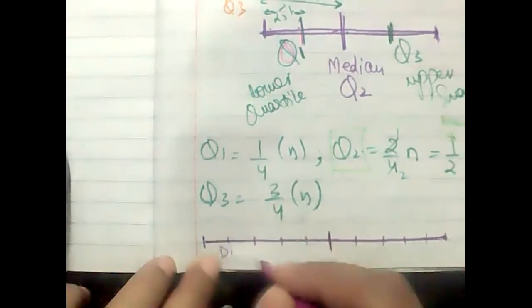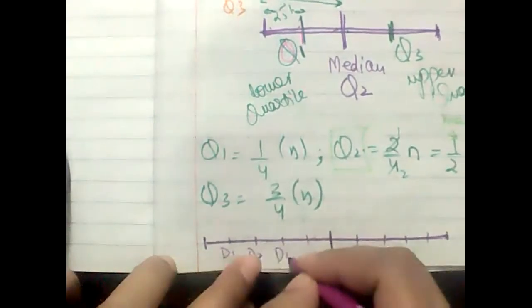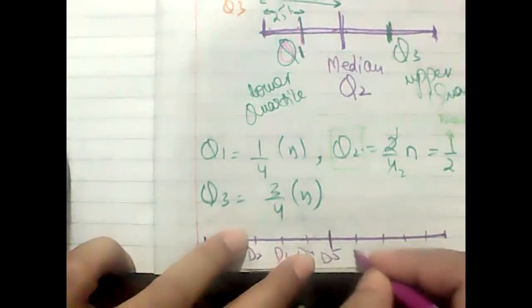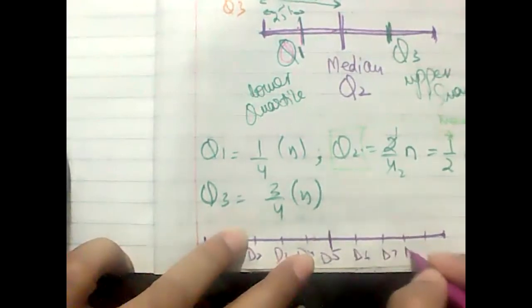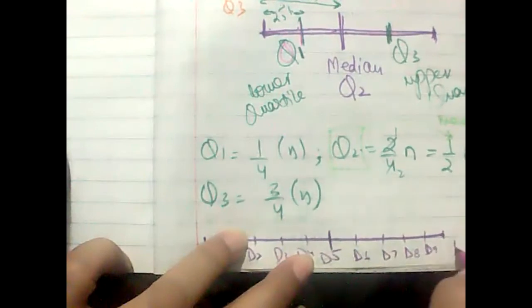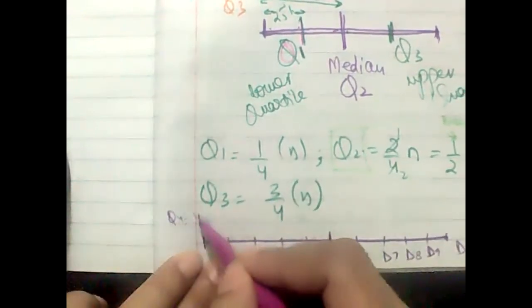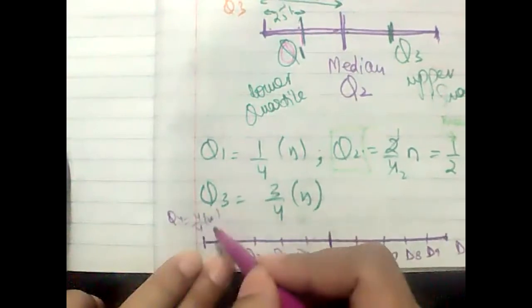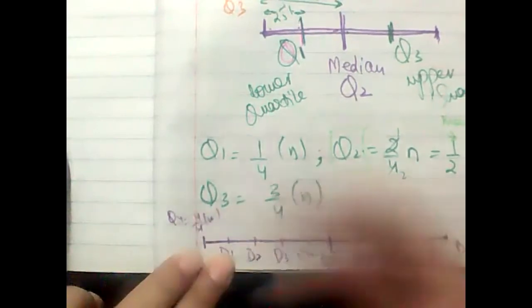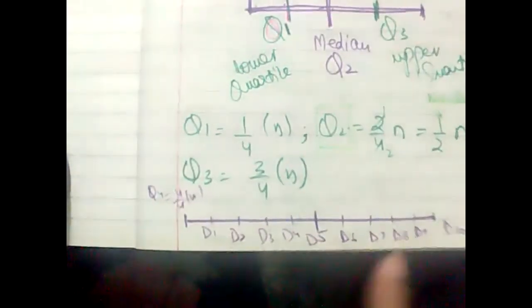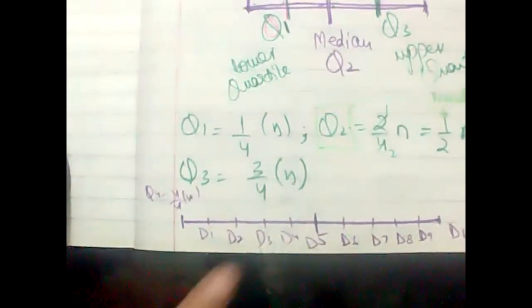So this is D1, D2, D3, D4, D5, D6, D7, D8, D9, and D10 means a whole, like Q4. Q4 means 4 upon 4 of n, which means the whole data n.